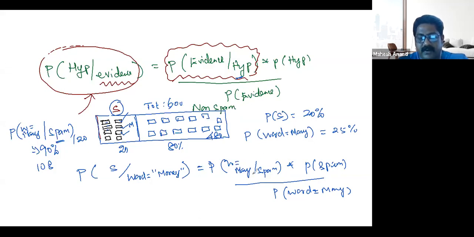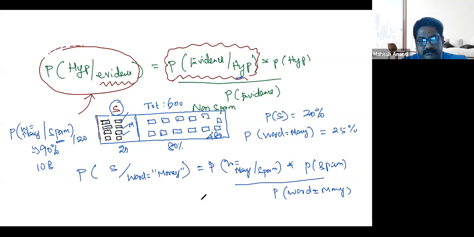So the probability of the word money, provided it is proven as a spam, that is the probability of evidence given hypothesis. This information we already know, which is 90%.